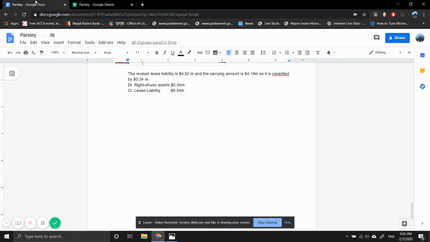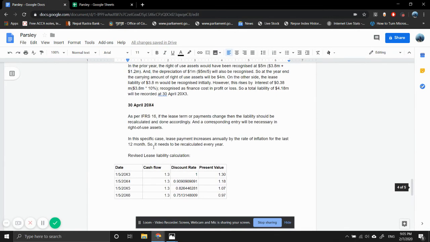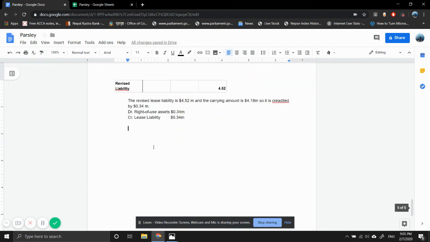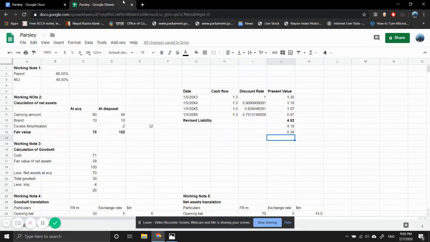We need to charge depreciation as well, right? So what's our right of use assets now? It was 4, right? Okay, so we need to charge the depreciation on that as well.